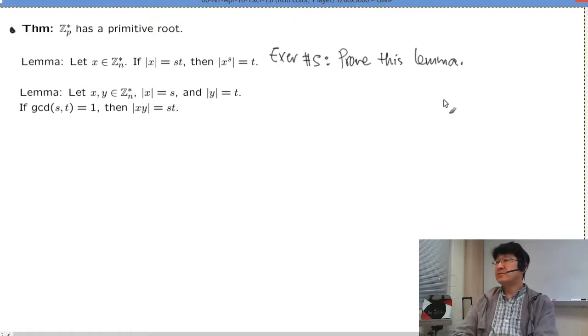How do you prove it? What formula comes to your mind? That's it, the one that we memorized yesterday, last time. Yes, exactly. The order of x is given.